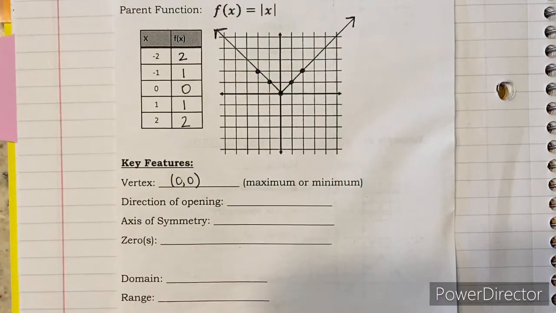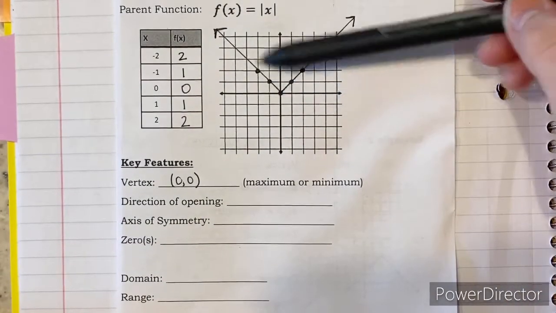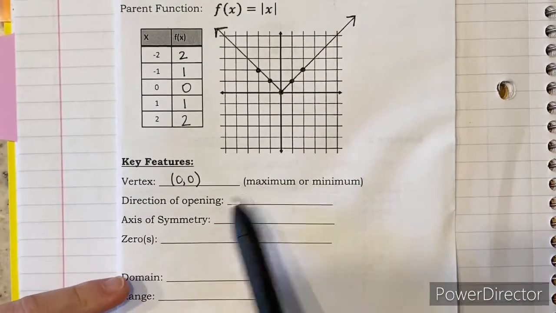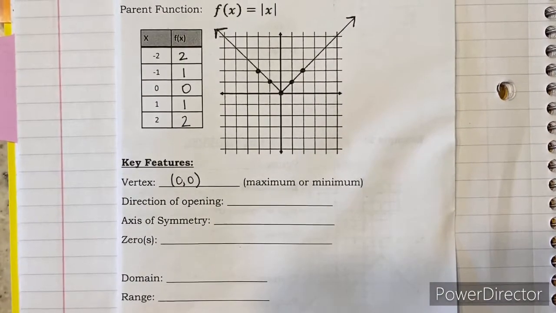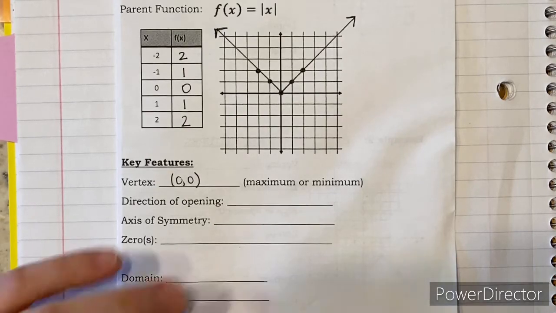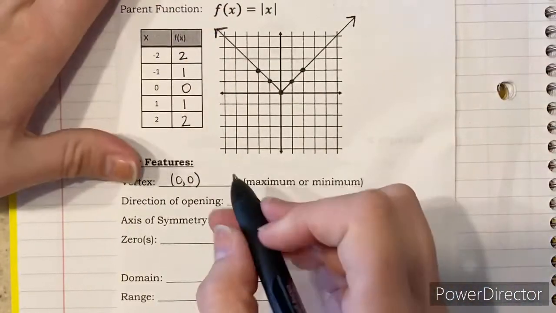This question depends on the way that the graph is facing, okay? I'll talk about the direction of opening first. The direction of opening is a super quick and easy question to answer. It just means, does it open up or down? This one, the arrows are pointing up, so it is opening up.